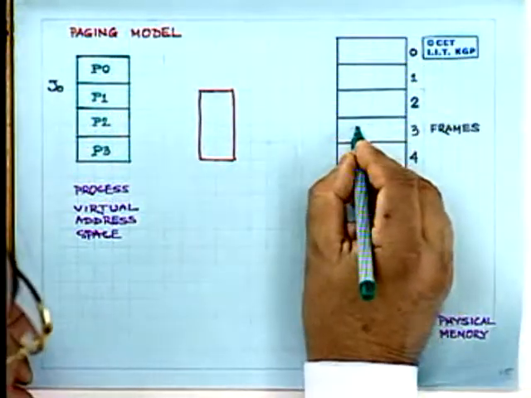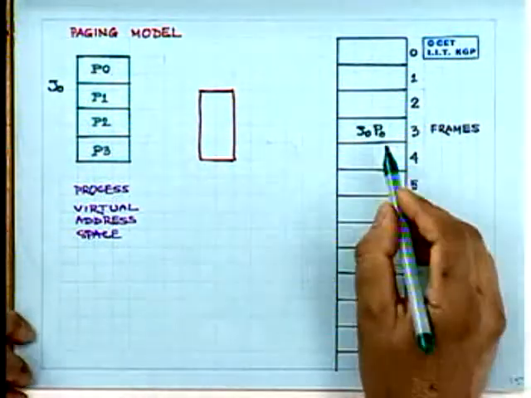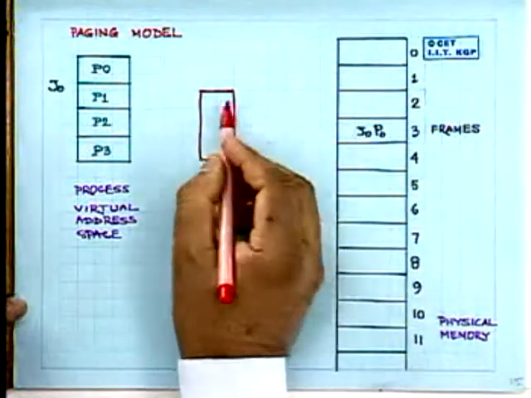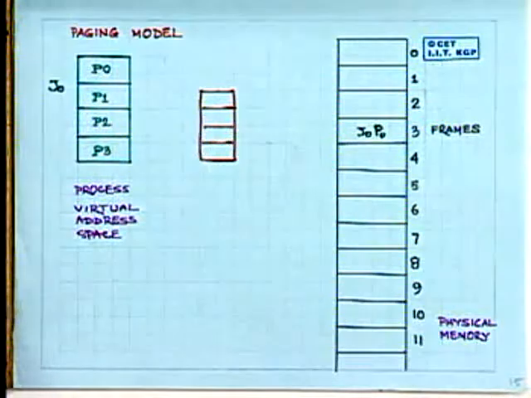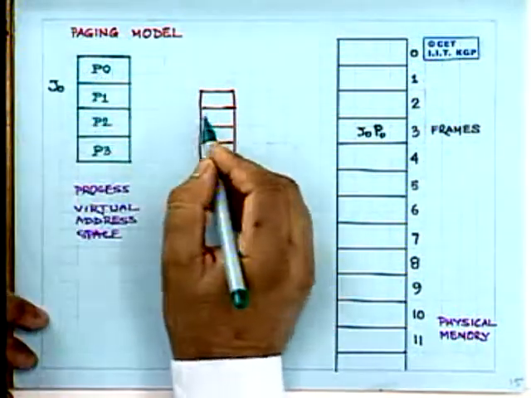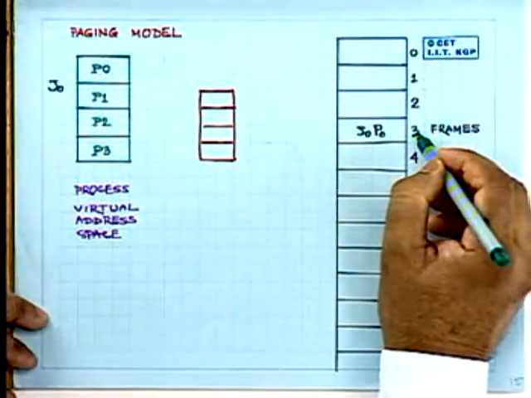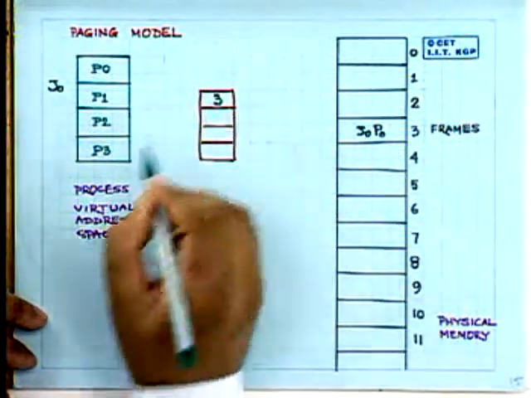That means J0 P0 is loaded in frame number 3. And we create a table here where we say that this page 0 has been loaded into frame number 3. That information we keep by putting 3 here.